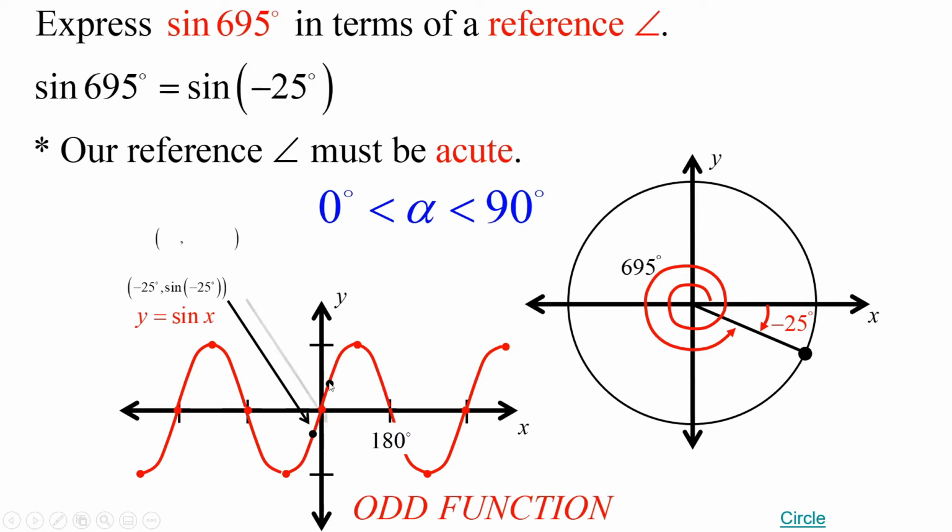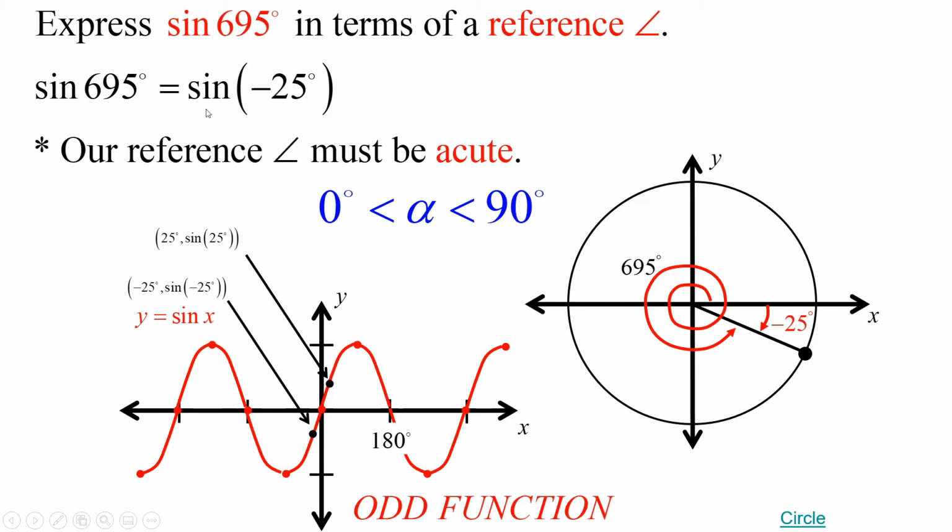What are the coordinates of this point? The x is 25 degrees, and the y is sine of 25 degrees. Remember, sine measures my vertical distance. So look at this vertical distance, and then look at this vertical distance. Those are opposites of each other.